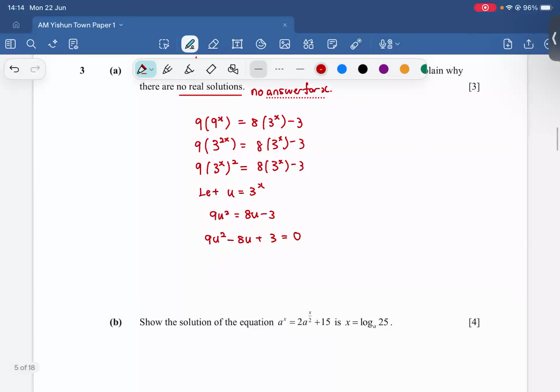Okay, so now we want to solve this. There are 2 ways. One is to factorize, one is to use the quadratic formula. Cannot factorize, so we use the quadratic formula. You can also complete the square. So quadratic formula, minus b... 64 minus 108.